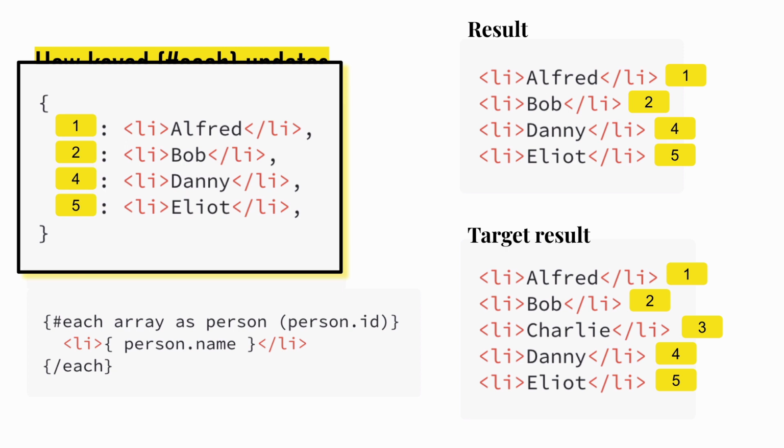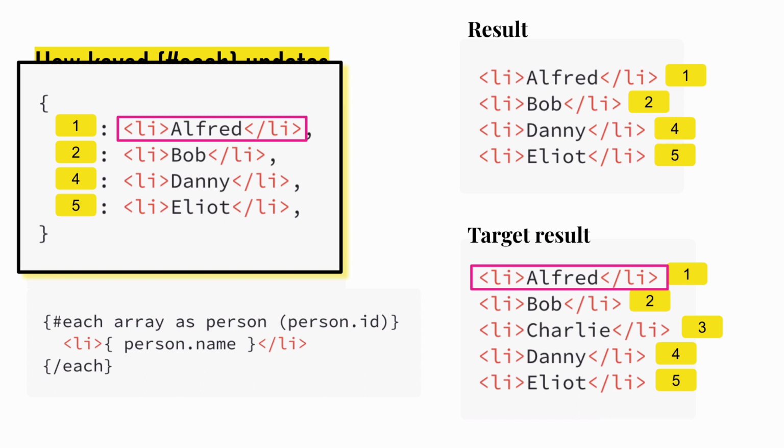So first we're going to go through the target, one by one, and then compare the key of that element, and then we see whether we have that element on the screen or not. Right? So the first element is Alfred, and we look at the key is 1.